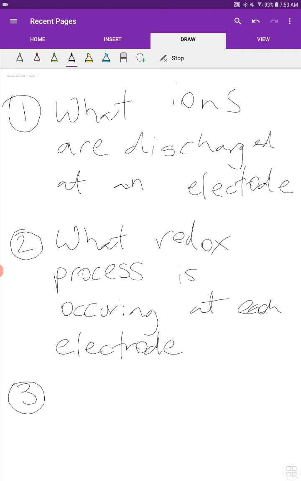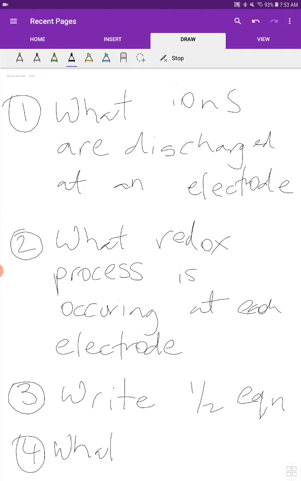You can get asked to write the half equation, and you can get asked what you would observe at a given electrode. Okay, so those are the main things that you can get asked.